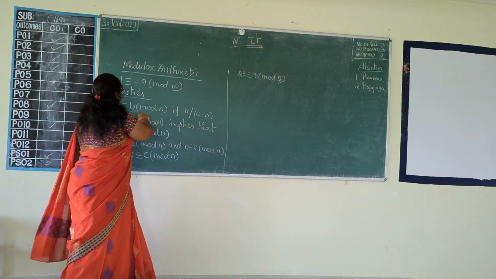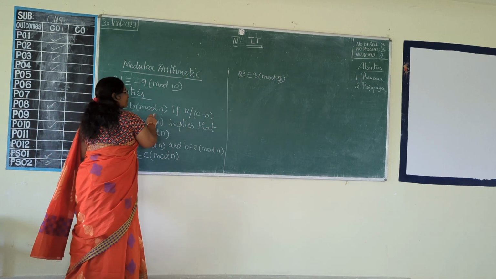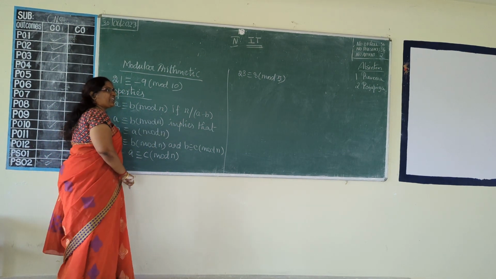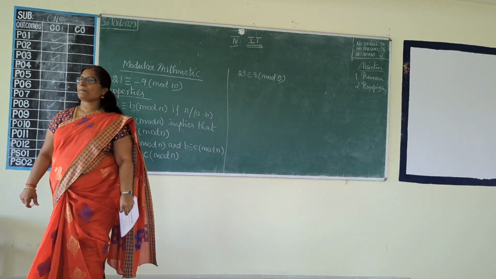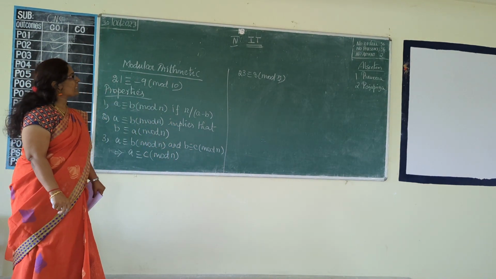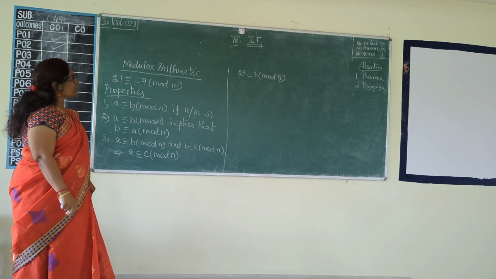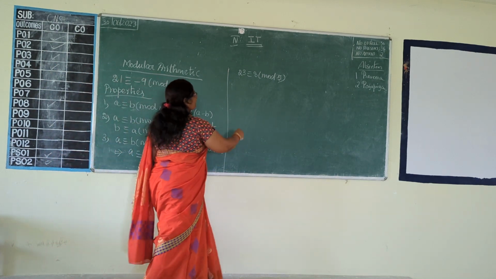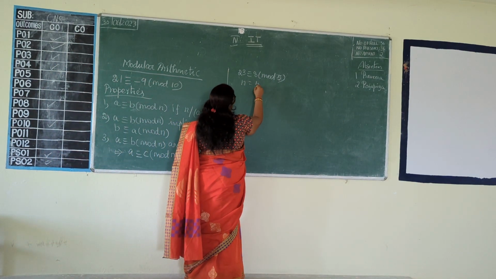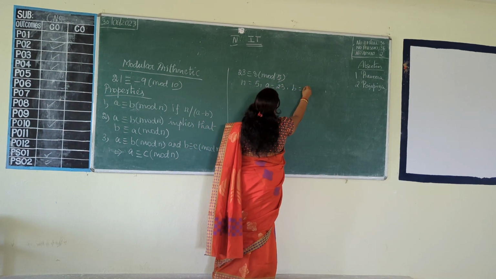So the first property says that A is congruent to B mod n if n divides A minus B. Can you please apply it and see what n is here? It is 5, and A is 23, B is 8. Yes, it works out. So n is equal to 5, A is equal to 23 and B is equal to 8.